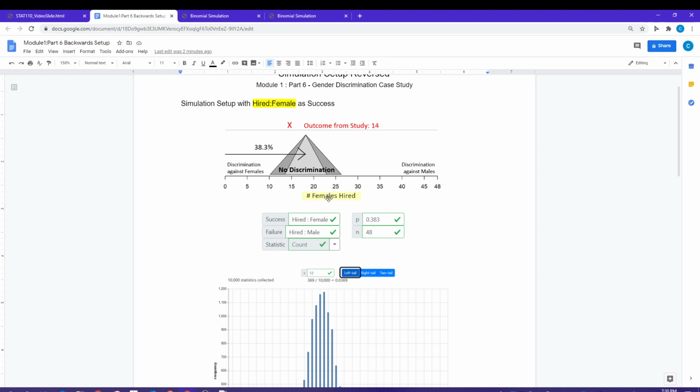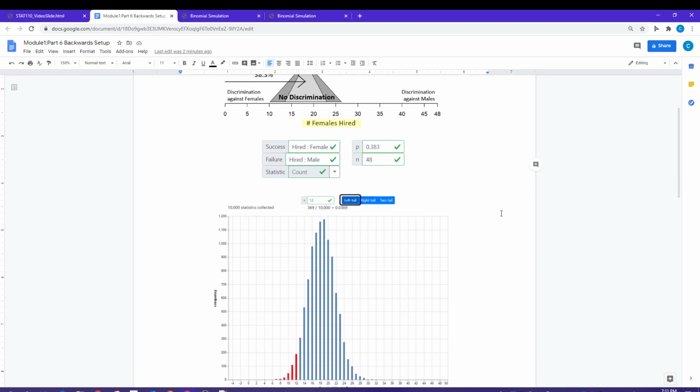I was keeping track of the number of females hired here. The left side of this distribution would indicate that I have discrimination against females. The right side of the distribution would be discrimination against males. And also for this particular example, there were a total of 48 hires, and 14 of those were women.